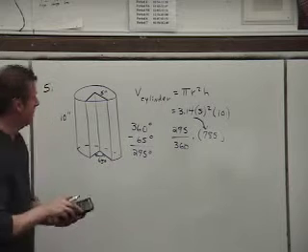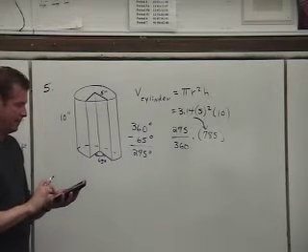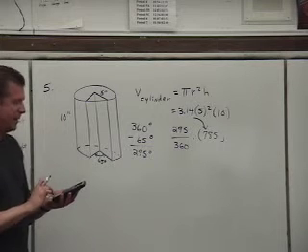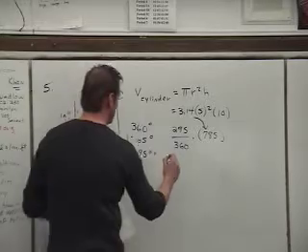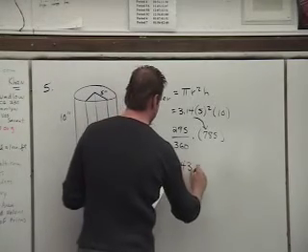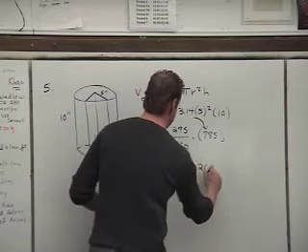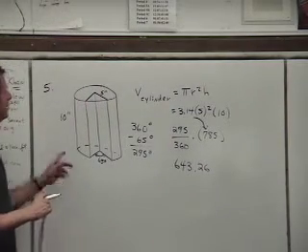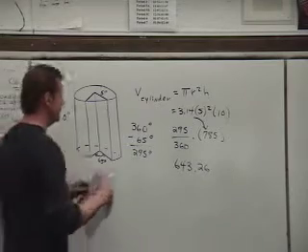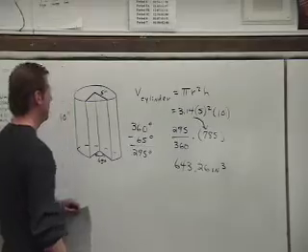Finally, you want to find the volume: 785 times 295 all over 360. Final answer, everybody? 643.26. And what do we use for units on this one? Inches cubed. Okay. So that's another type of question you can have, and a good review.